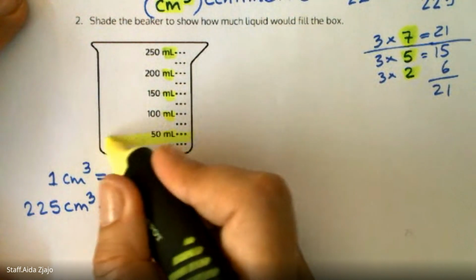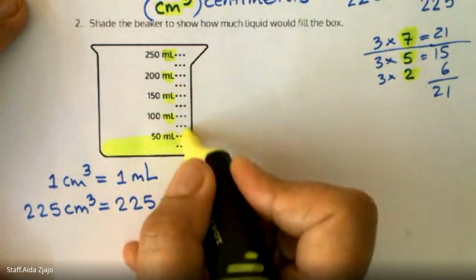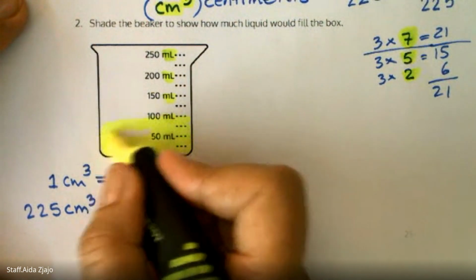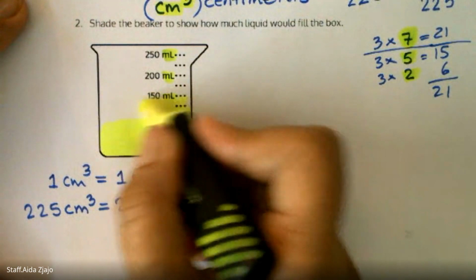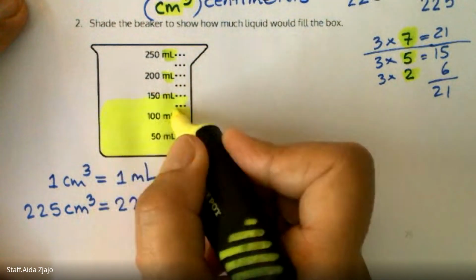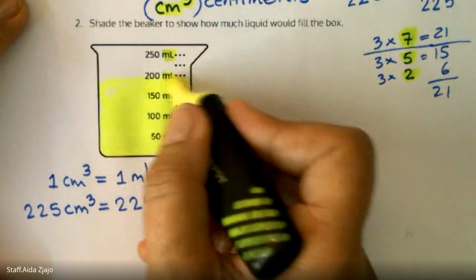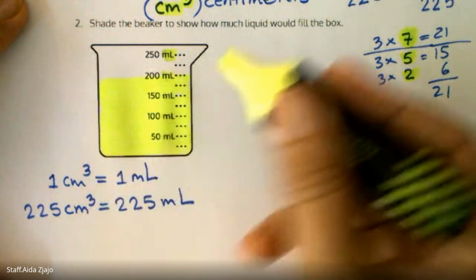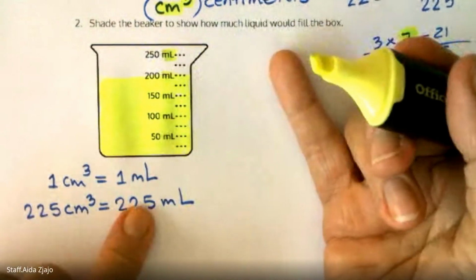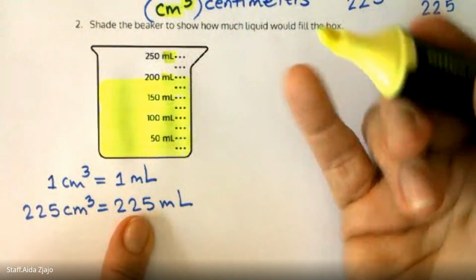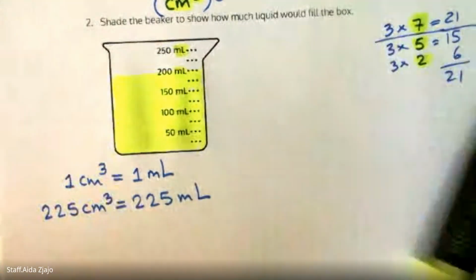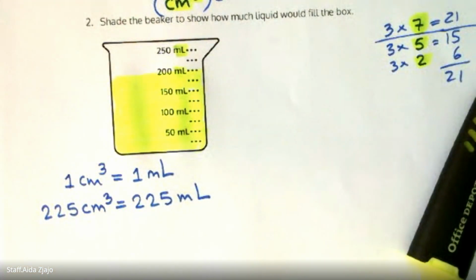So if this is 50, I can go to 100, 150 milliliters, 200, and now the next given value is 250. I don't have a 225 marked. I know that half of 50 is 25 because 25 plus 25 is 50.